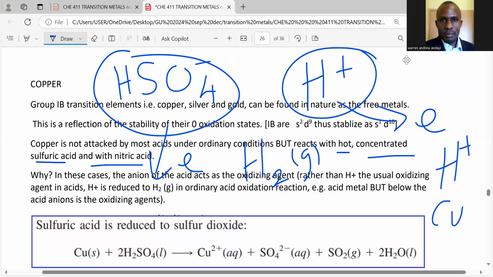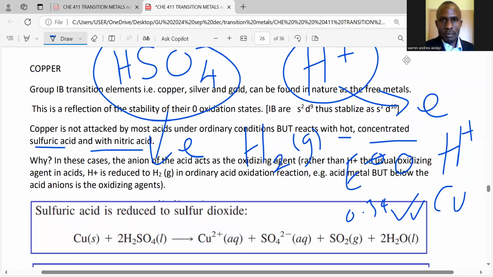It cannot oxidize copper. If you look at the reduction potential, you will find that the reduction potential of copper is very high compared to that of hydrogen. Hydrogen is usually assigned 0, while copper is 0.34. So there's no way hydrogen will oxidize copper.